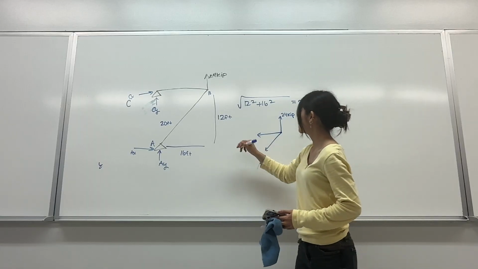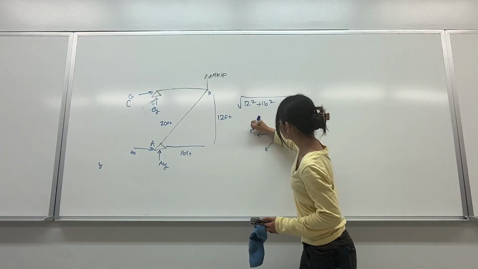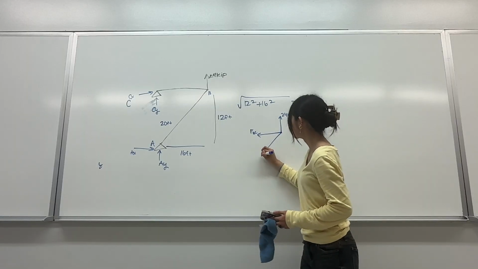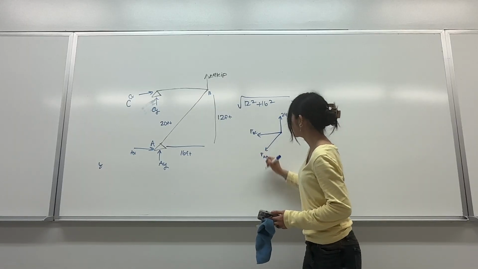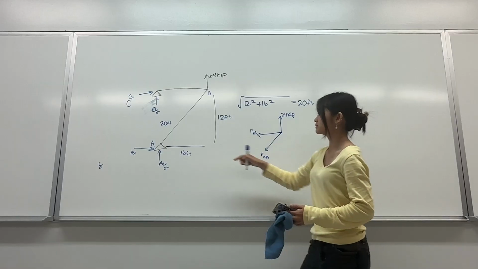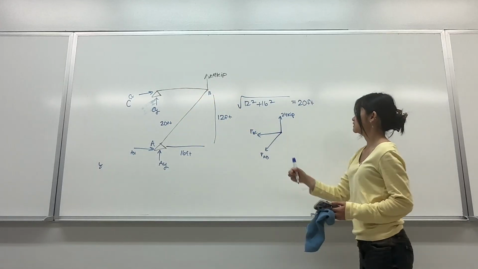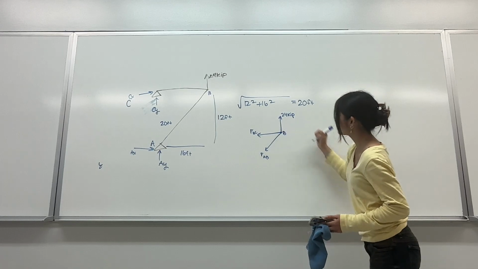This right here is force BC, and this is force AB, because this is going to be the A and this is going to be the C. And this is point B.